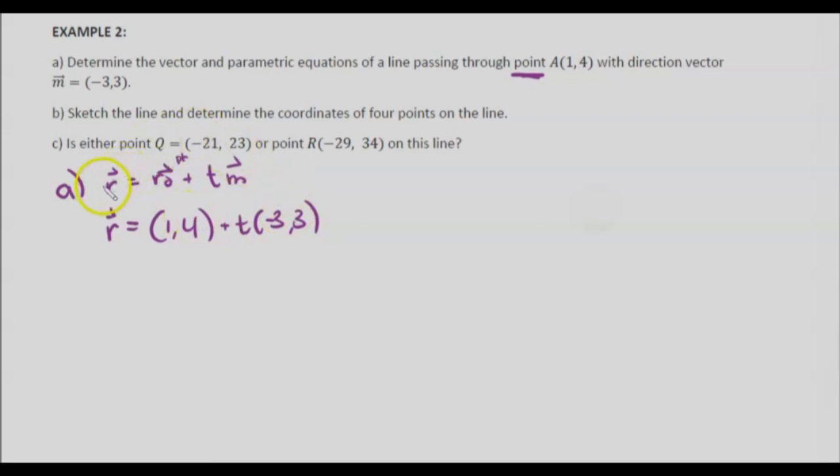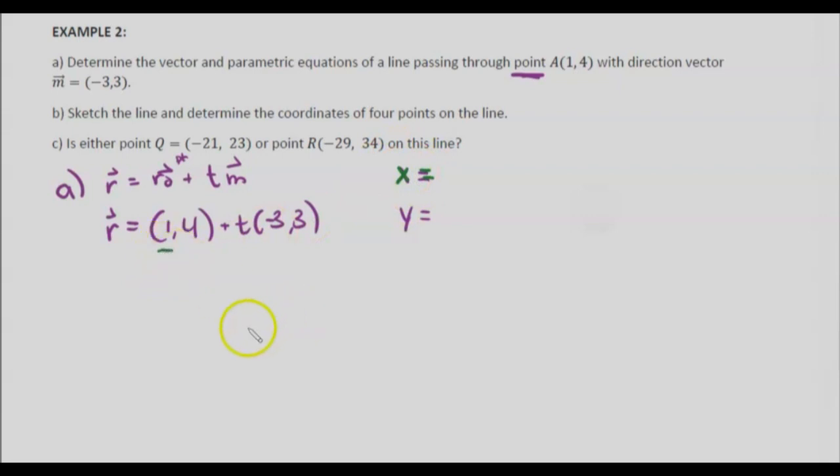Now, the way we write out the parametric equations is we take all the information from the vector equation. So parametric equations are going to be x equals and y equals. And what we're essentially going to do, and I'm going to do the x in green, is pull out all of the components of x.